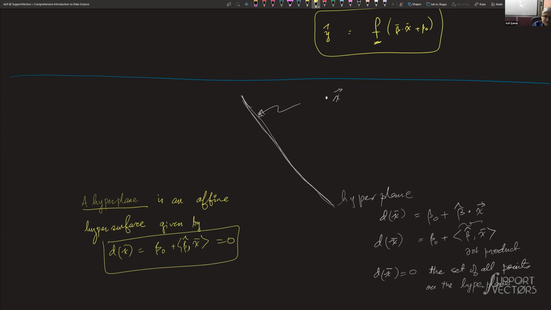Now, what does the word affine mean? Affine means it doesn't necessarily go through the origin. There's no constraint that this hypersurface or this hyperplane goes through the origin. Are we together?